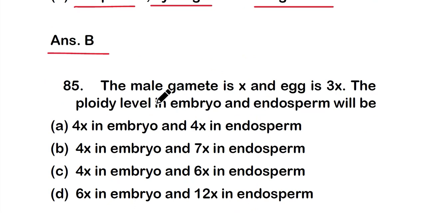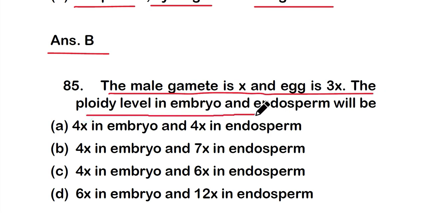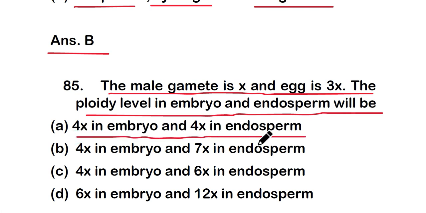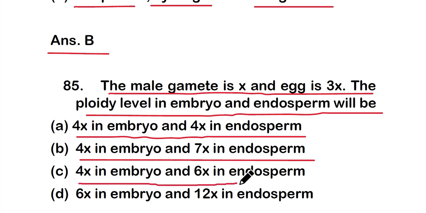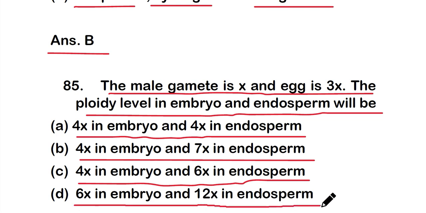Next question is question number 85. The male gamete is X and egg is 3X. So the ploidy level in embryo and endosperm will be: option A, 4X in embryo and 4X in endosperm; option B, 4X in embryo and 7X in endosperm; option C, 4X in embryo and 6X in endosperm; or option D, 6X in embryo and 12X in endosperm.